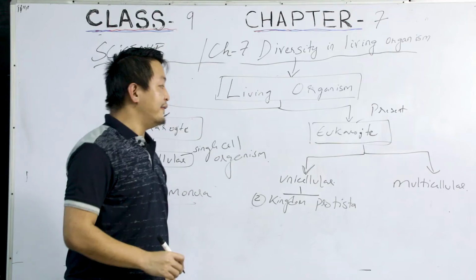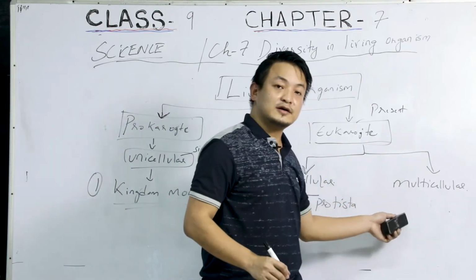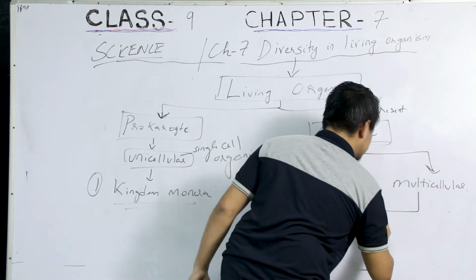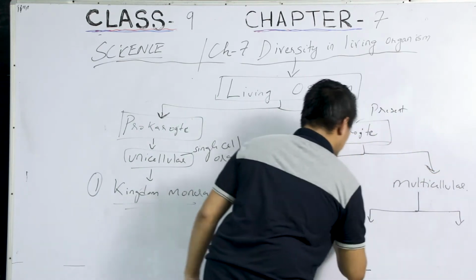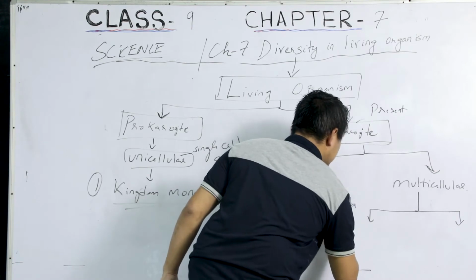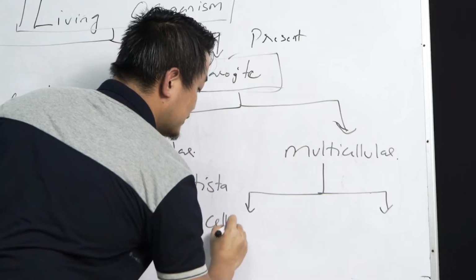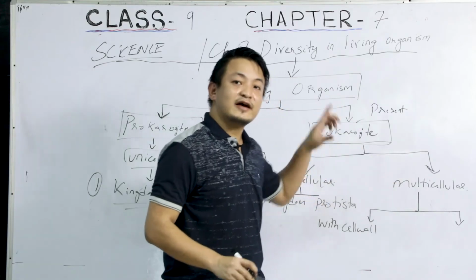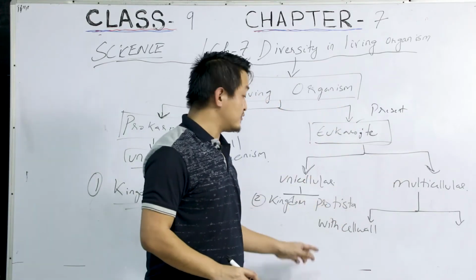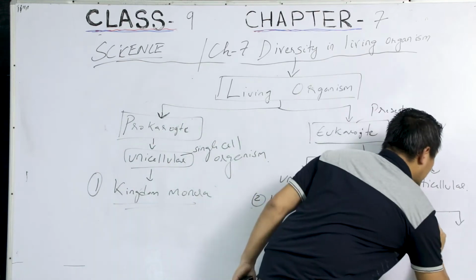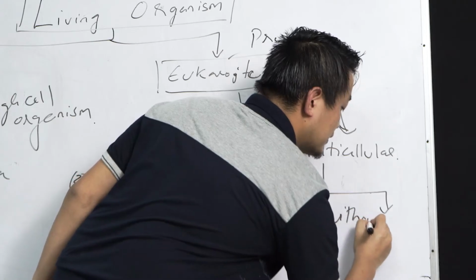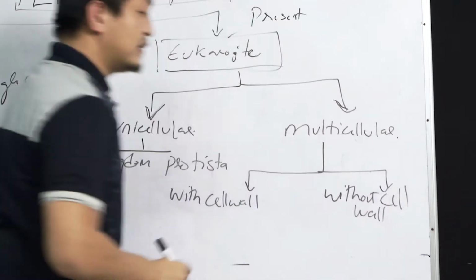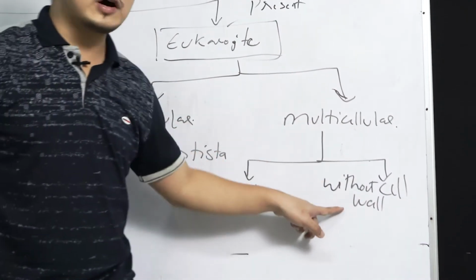Clear? Now, under multicellular, we will have two types, that is with cell wall. When I say with cell wall, it means cell wall is present. Okay, now without cell wall. Clear? With cell wall, without cell wall.